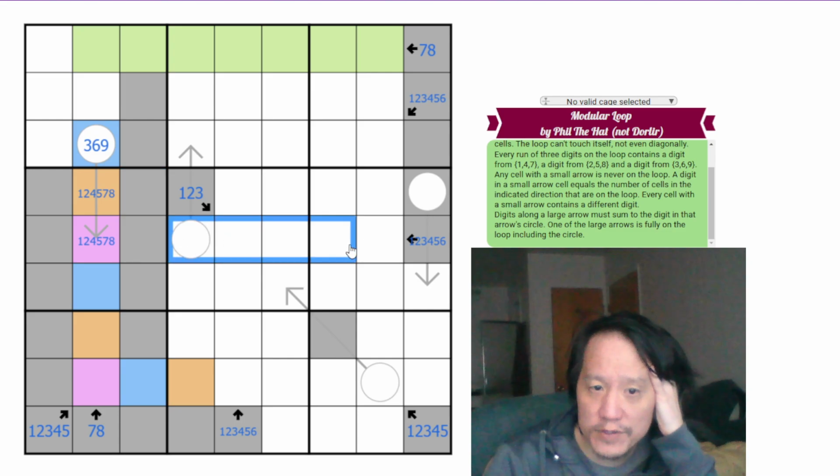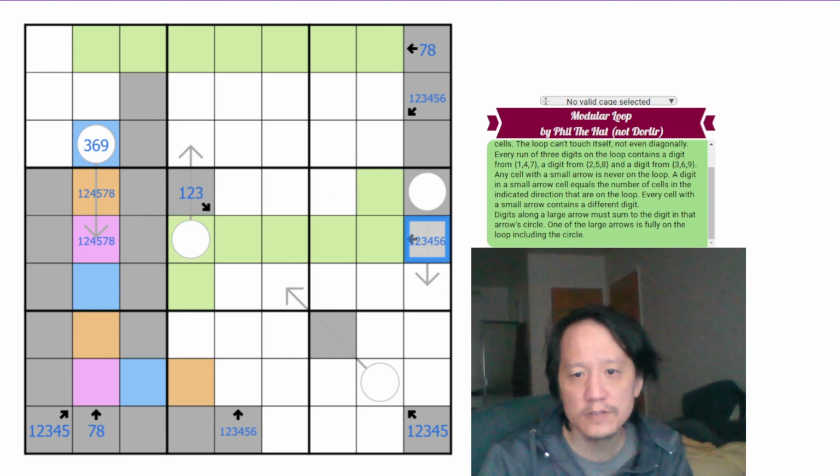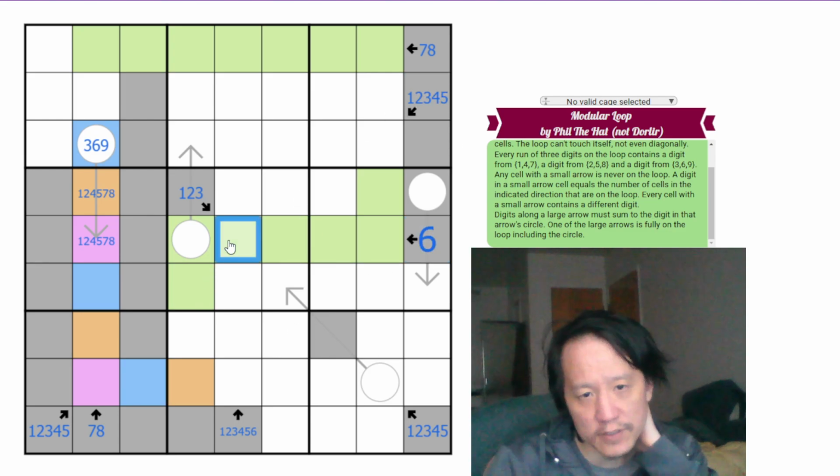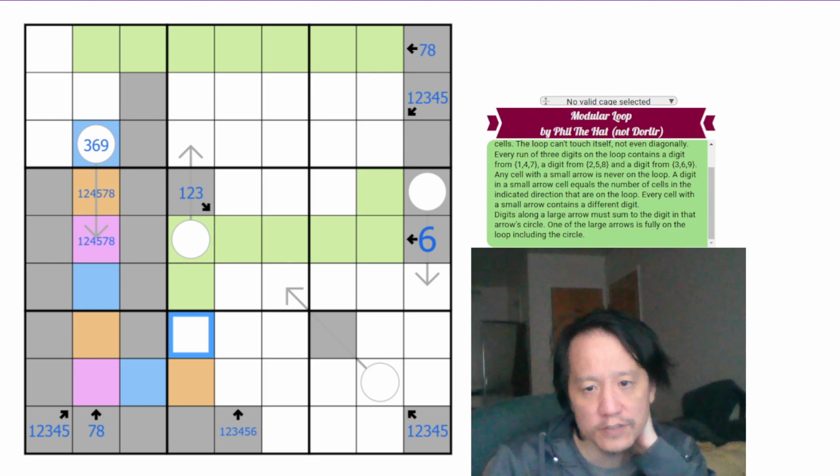Okay, what about this one being 6? If this were 6, it has to enter in here. It must enter in here. So this is 6. This can't be 6. It cannot double back, so this has to go here.